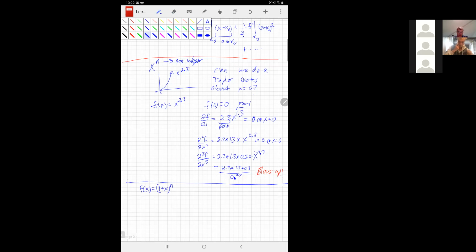Well, now we can take derivatives of that. Partial f partial x will just be n times (1 plus x) to the n minus 1. And partial squared f partial x squared will be n times n minus 1 times (1 plus x) to the n minus 2.